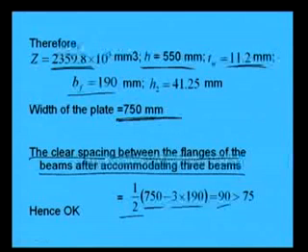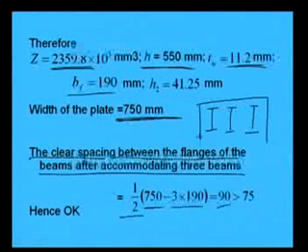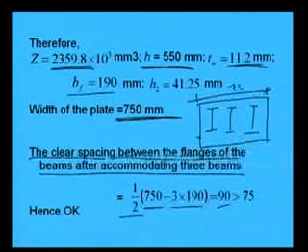Because BF is 190, like this 3 beams we are going to provide. So, this is total 750. So, 750 minus 3 into 190, remaining width will be 750 minus 3 into 190 by 2.